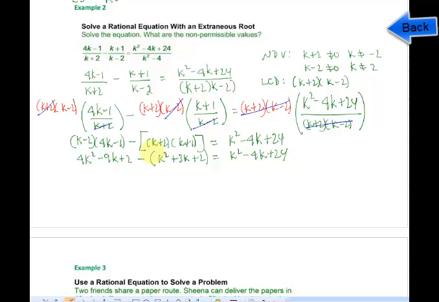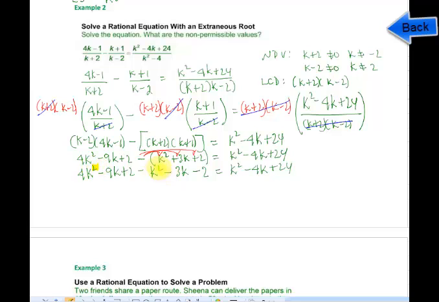Now note, we have to distribute the negative because we want to minus everything inside the bracket. So we're going to have 4k squared minus 9k plus 2 minus k squared minus 3k minus 2 equals k squared minus 4k plus 24.